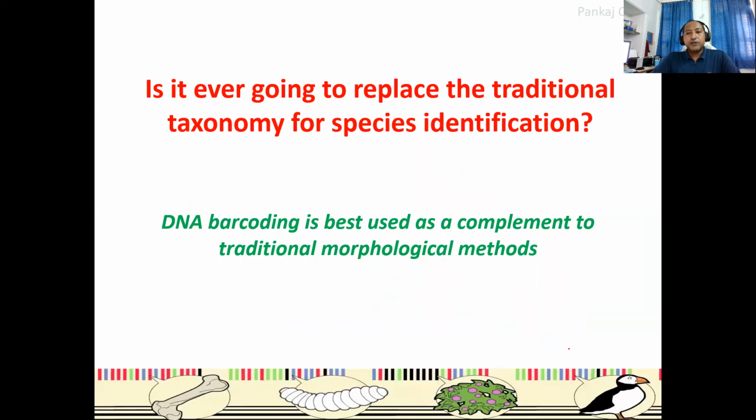Now, you may ask me, is it ever going to replace the traditional taxonomy for species identification? That means we all know that organisms are identified based on some traditional morphological taxonomic tools only.